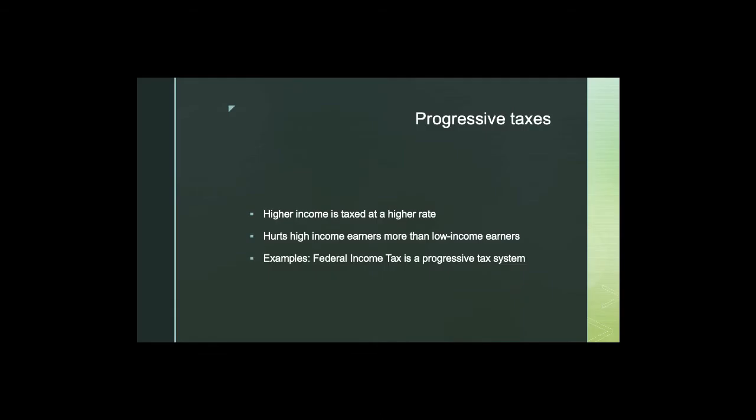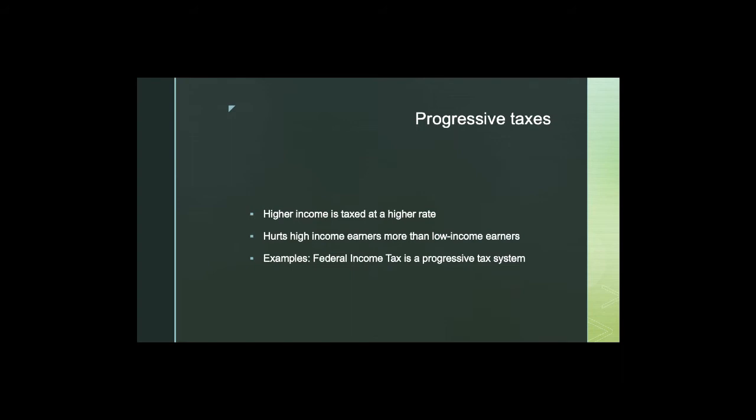So a progressive tax, again, means that higher income earners are taxed at a higher rate. This will hurt higher income earners more than lower income earners. And the idea here is that, well, that's true, but the higher income earner has more money to pay than low income earners.